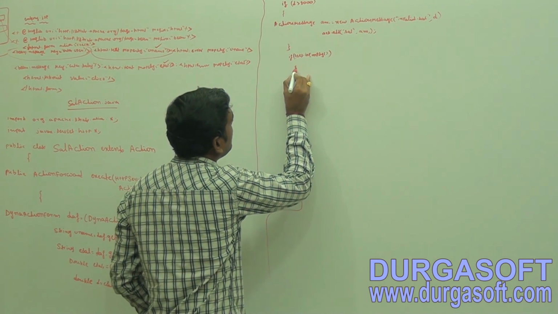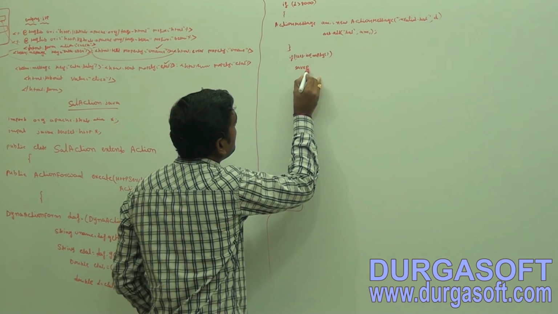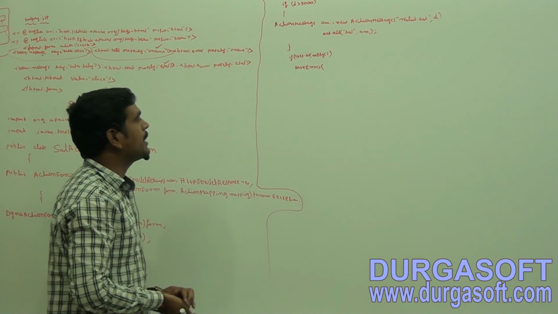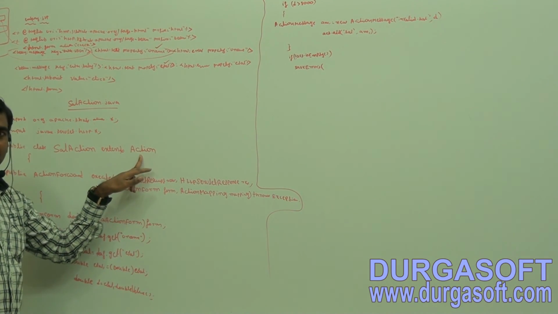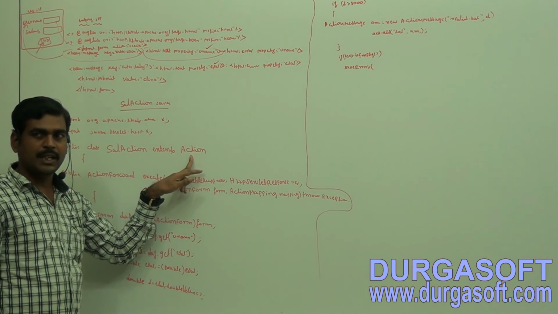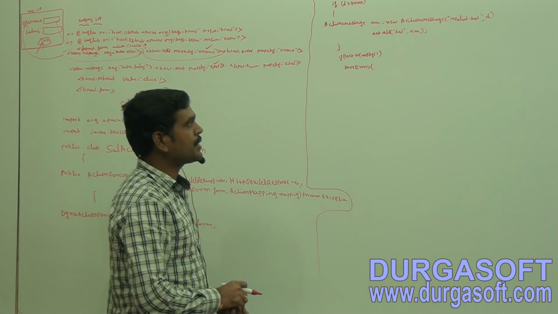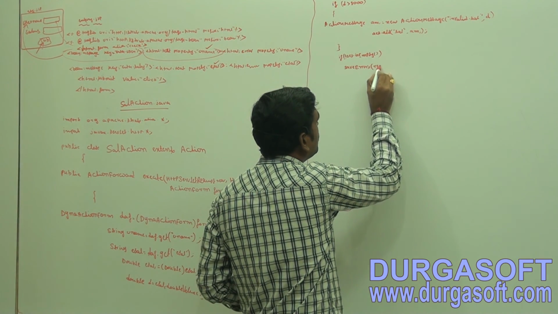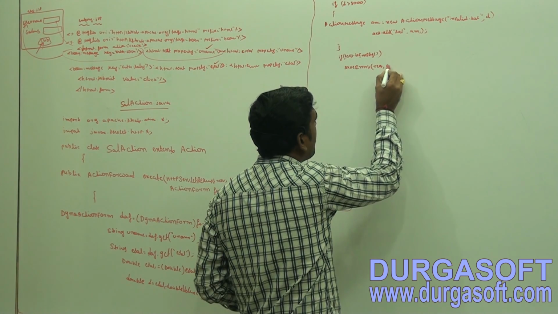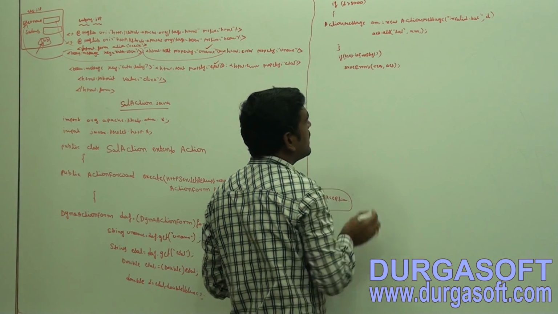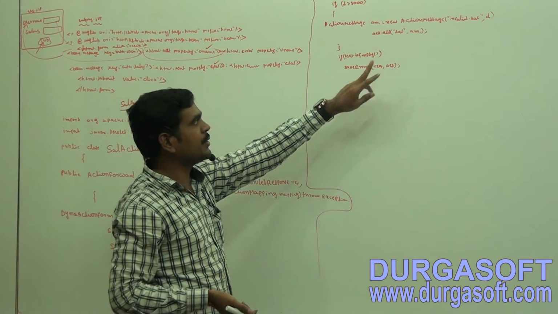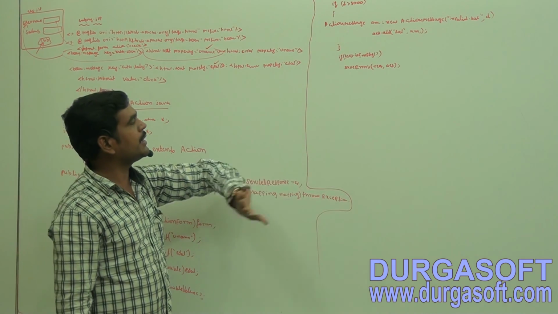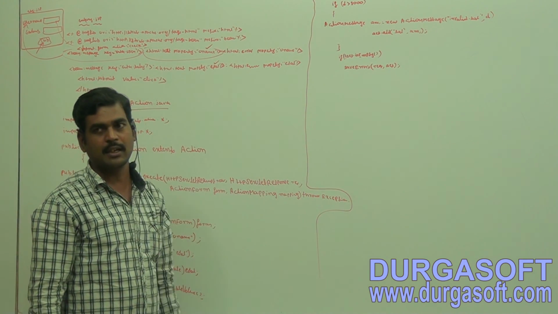Now here saveErrors. saveErrors is the predefined method given by the Action class. In which scope are we going to save errors? req comma aes. In request scope I am going to save these errors. Once this logic is executed, everything is going to be written by the action servlet.